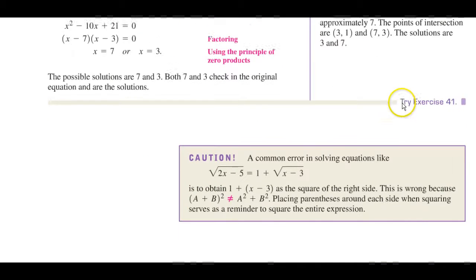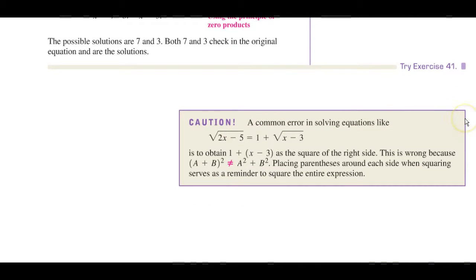Now they're giving us a little caution here. Let's read this.